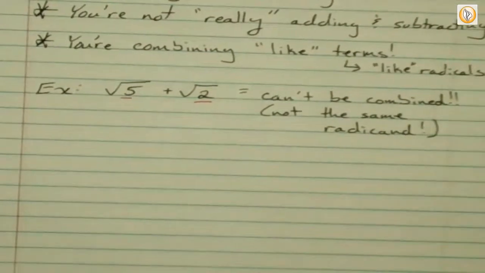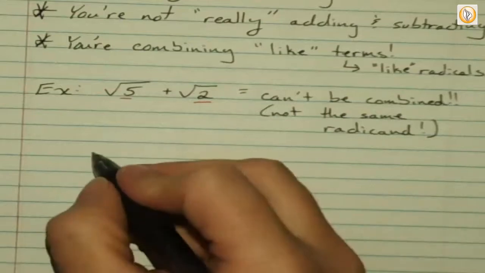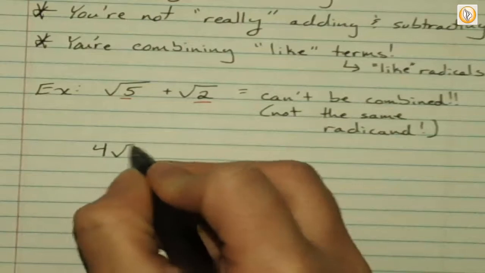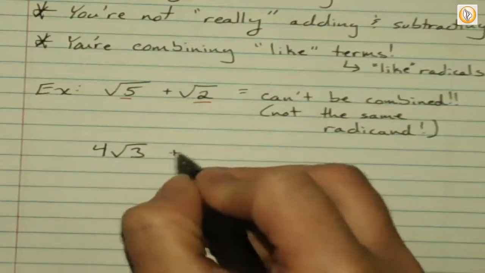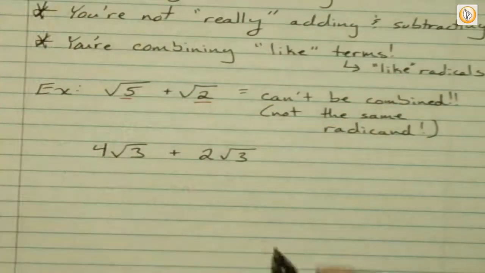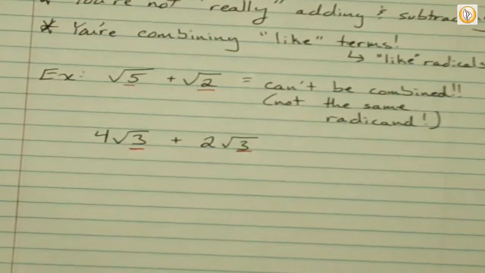So you have to have the same radicand. For example, 4 times the square root of 3 plus 2 times the square root of 3. Are the radicands the same, Miranda?